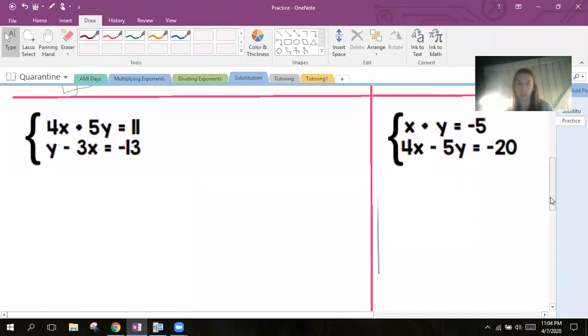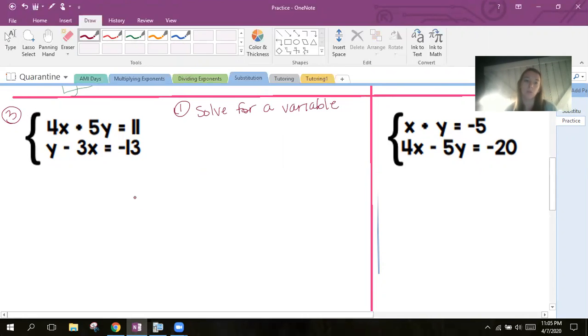Next. All right, so this is number 3. Now, first thing I noticed is that neither one of these equations here is solved for a single variable. So that means our first step is going to be to solve for a variable.